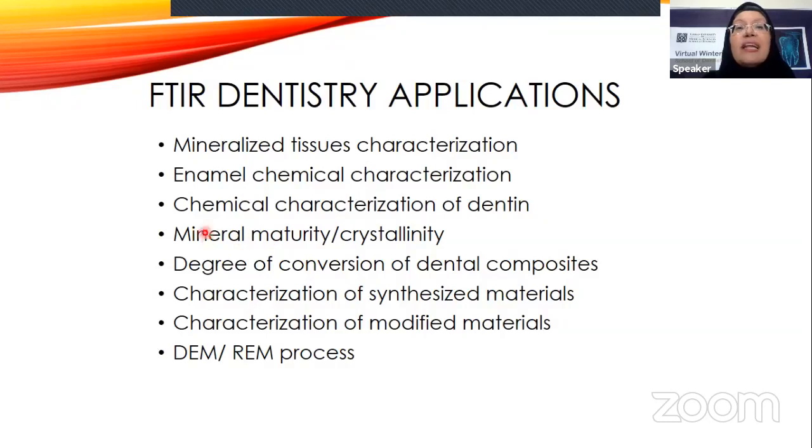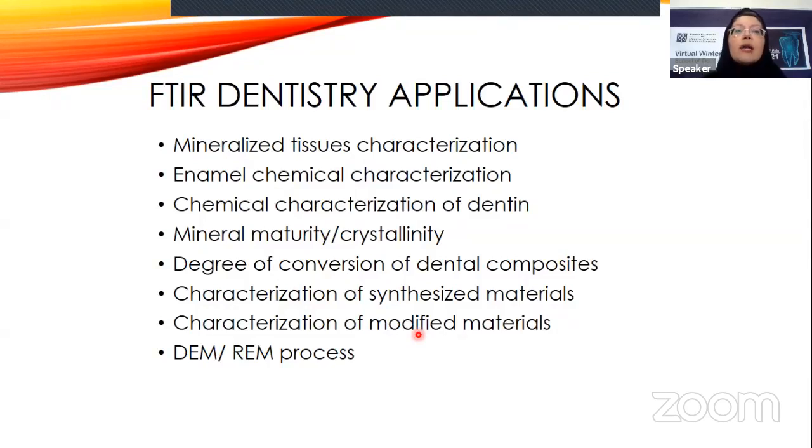For example, for laser irradiation, you know that the laser can destroy the carbonate content. So FTIR can help us to get many useful data from the mineralized tissue, enamel chemical characterization, chemical characterization of dentin, and the maturity and also the crystallinity of tooth structure.